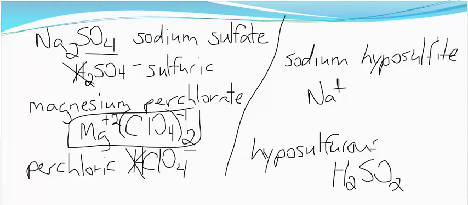That's hyposulfurous. I don't want the hydrogen in a ternary salt. Get rid of that. Now I'm getting rid of 2 hydrogen, so the charge on SO2 is -2. That's how I get the charge. So when I put it with sodium, with that -2 charge, the 2 crosses down. So sodium hyposulfite is Na2SO2. So those are examples of ternary salts where the hydrogen is replaced with a metal. And ternary salts end in ate or ite.